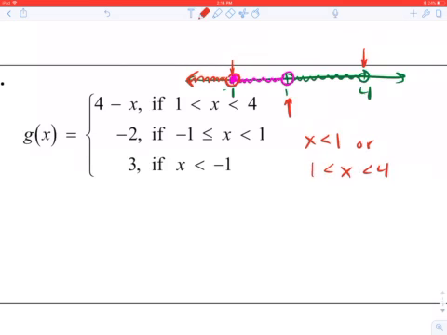X less than 4, greater than 1, and I'm trying to think if there was a nice way. No, not necessarily, but this is my domain right here. It is either less than 1 or greater than 1, but still less than 4.